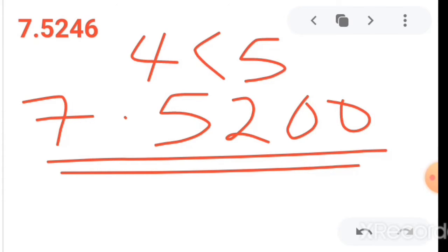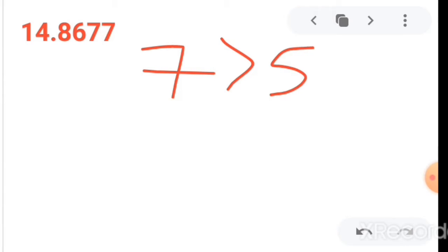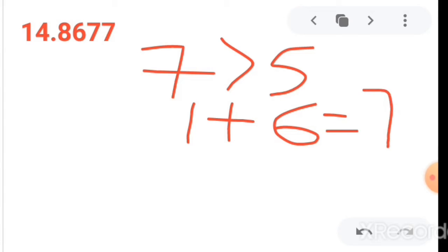Let's see another example. We have 14.8677. Now we have the first decimal place, which is the 10th place, 8, and the 100th place is 6. Now the number immediately after the 100th place is 7. This 7 is greater than 5. Because 7 is greater than 5, we change it to 1 and add it to 6, which is the second decimal place, and this becomes 7.